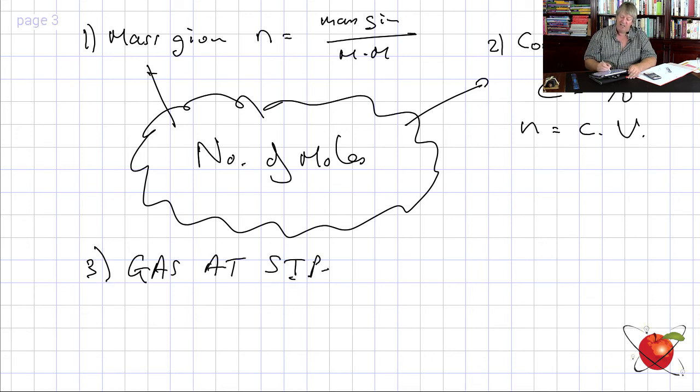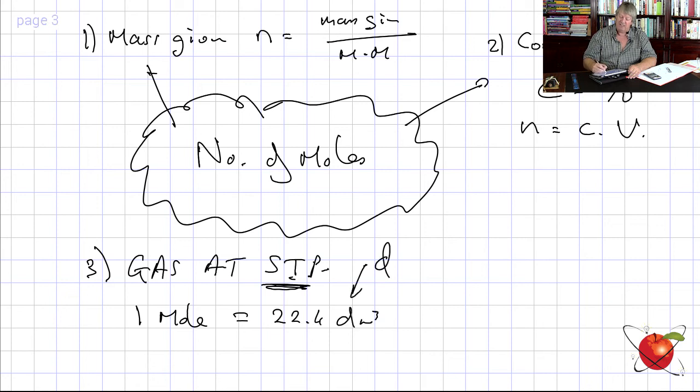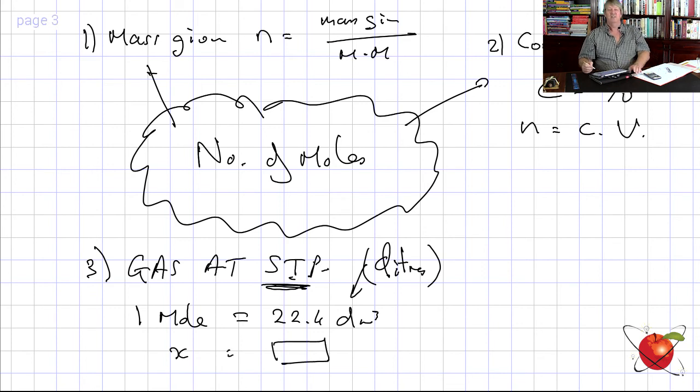STP is the trigger: 1 mole equals 22.4 decimeters cubed, or liters. Just to confuse you, they might give you liters; 1 liter is 1 cubic decimeter. So you convert, and put x is equal to the given decimeters cubed of the gas. The fourth way is a formula called PV equals nRT, which we will deal with at a later date.